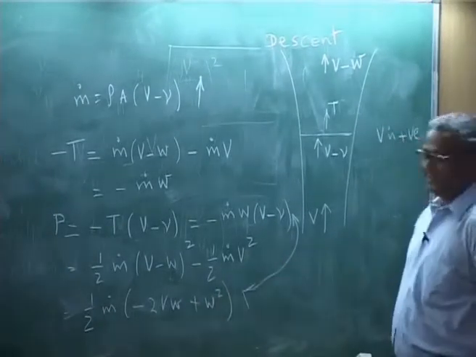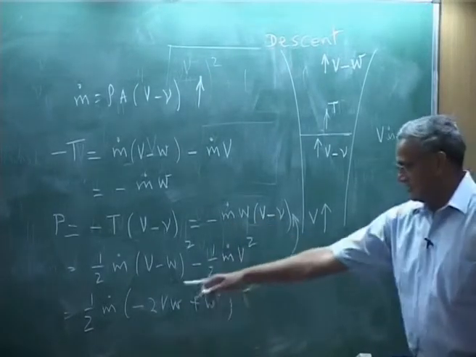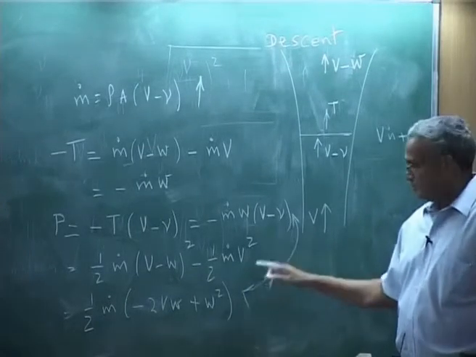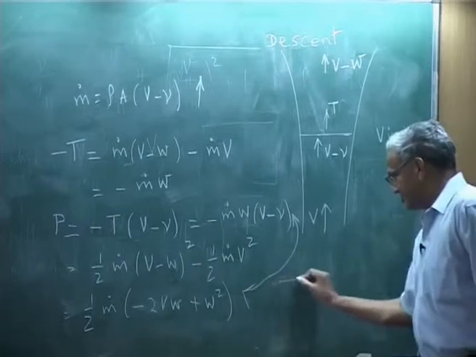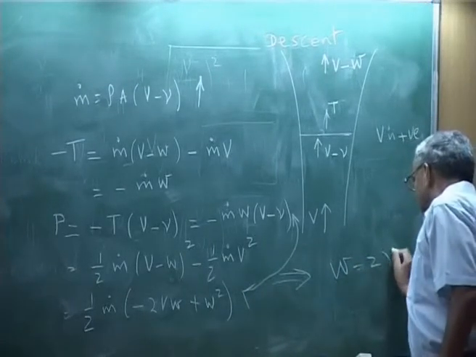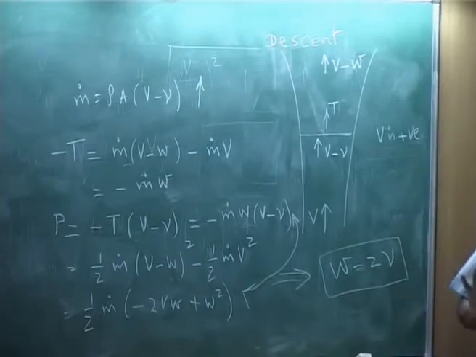You will again find, because this is plus m dot W, m dot W go, nu is, actually you will get, again this leads to W is 2 nu. You follow?